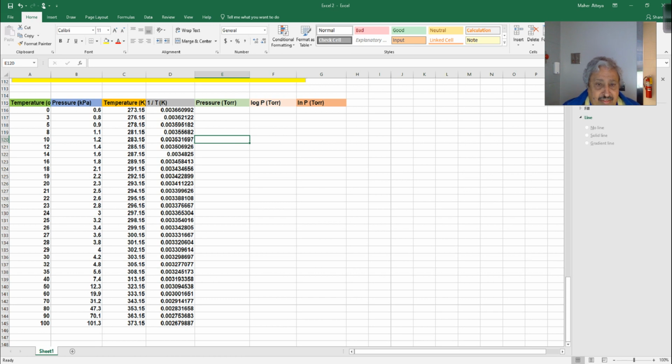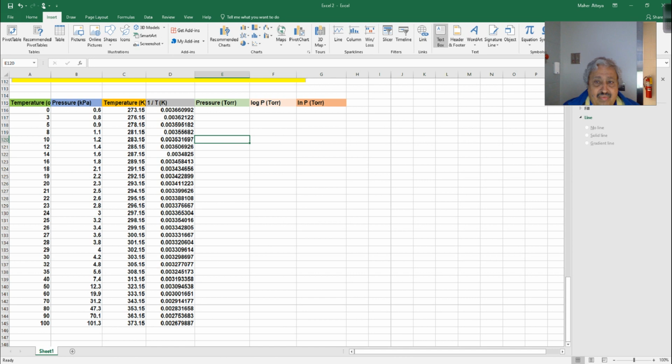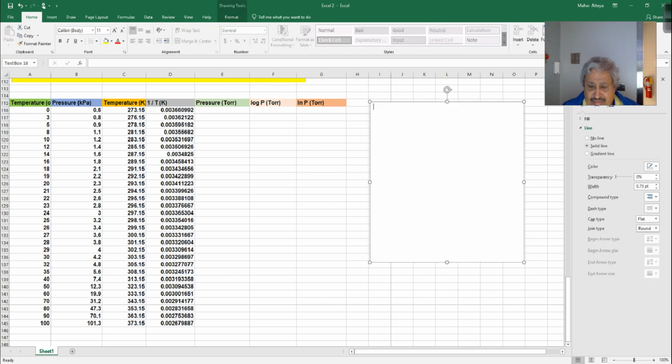Okay, let me here insert a text. I will insert a text explaining how to get this one here. So here, guys, I have the temperature, and the pressure in kilopascal is 0.6.